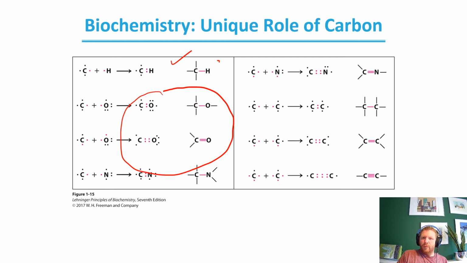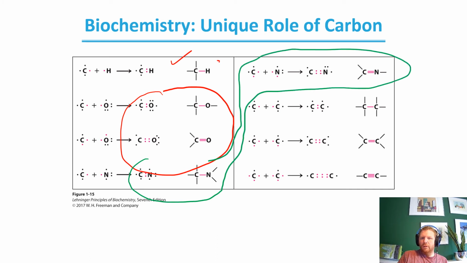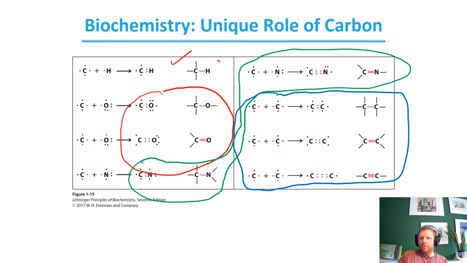Next up, carbon and nitrogen. Carbon and nitrogen can also bond as a single or a double bond. And then finally, the last one, which I'm going to go with blue, you can have a carbon-carbon single, double, or triple bond. Okay, so in all of these cases, you might end up with a partial positive charge, but that's pretty much it.